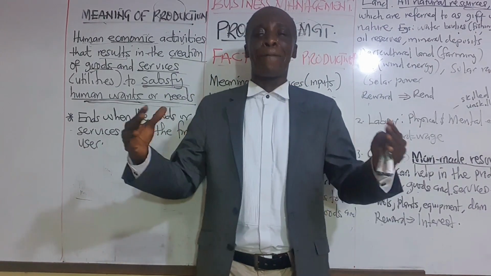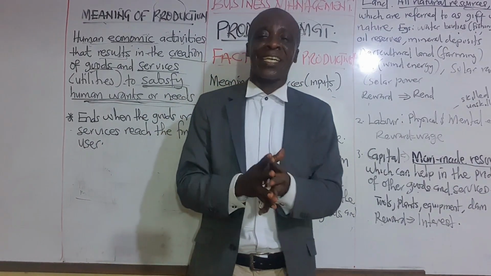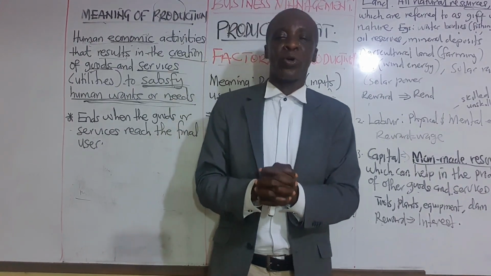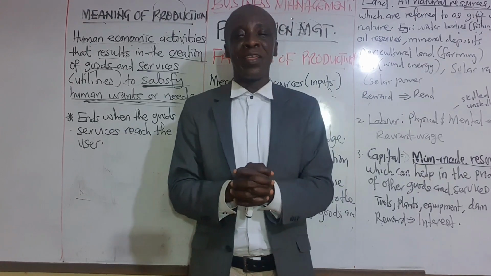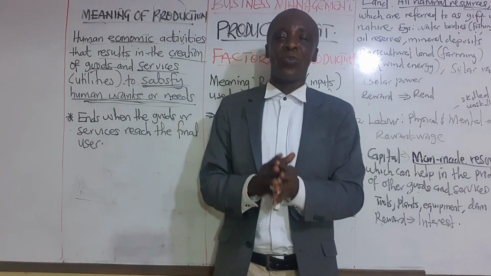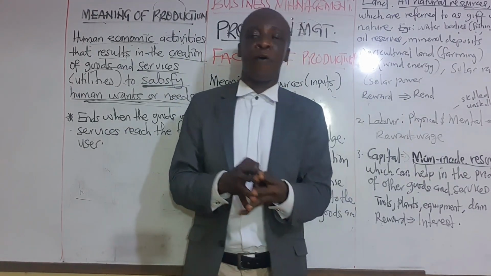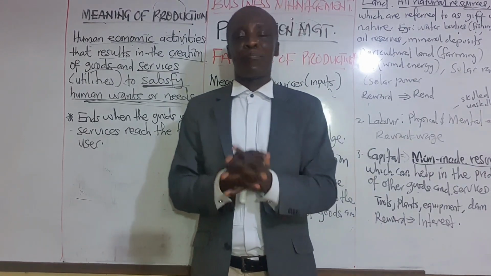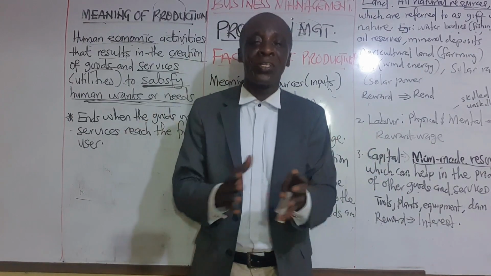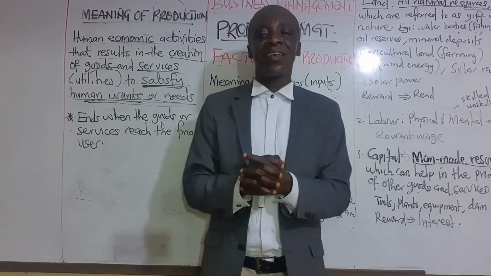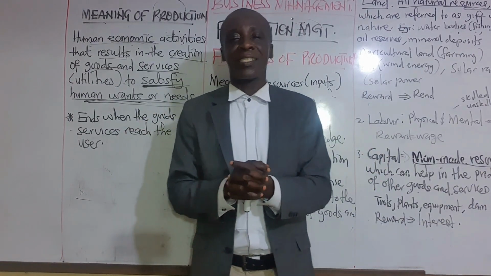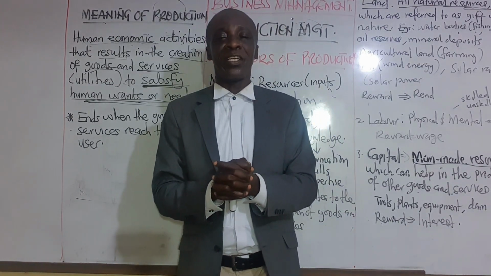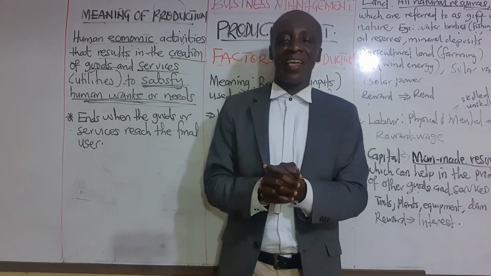If he's able to combine all the factors efficiently, he gets a reward, and that reward will be, as you already know, the profit. So reward for the entrepreneur is profit. But if he's not able to do that, then he makes or she makes losses. So that is who the entrepreneur is.